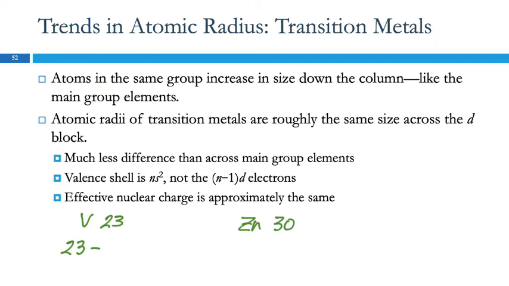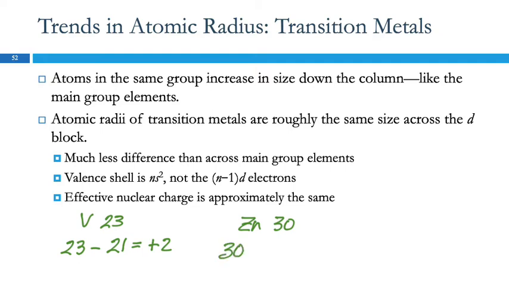Well, the valence electrons are the 4s2, right? So everything except those 2 are core electrons. So that means there's 21 core electrons. Yeah? So that would be an effective nuclear charge of plus 2.